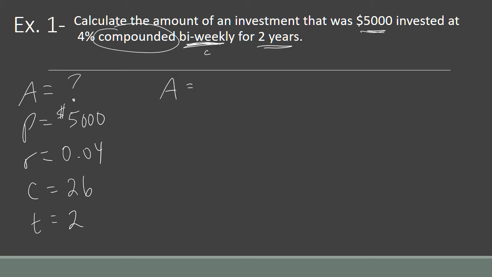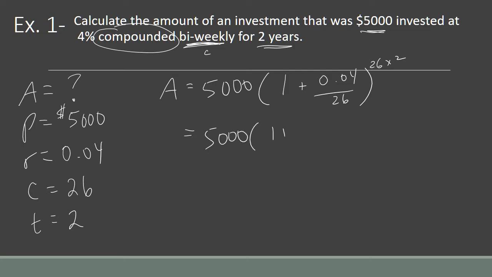A equals, I'm not going to write out the formula from scratch. If you need to, just like last lesson, you can, or just refer to the formula from last lesson. A equals P, 5,000, bracket 1 plus 0.04 divided by 26, and our exponent, C times T, 26 times 2.